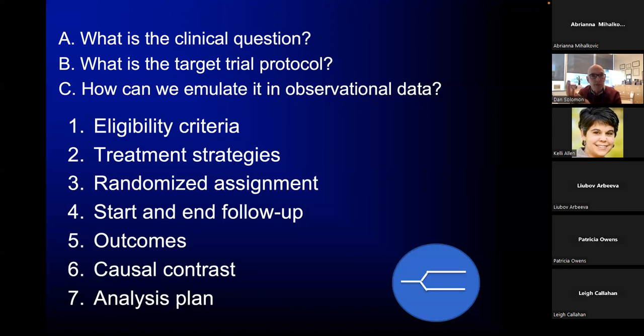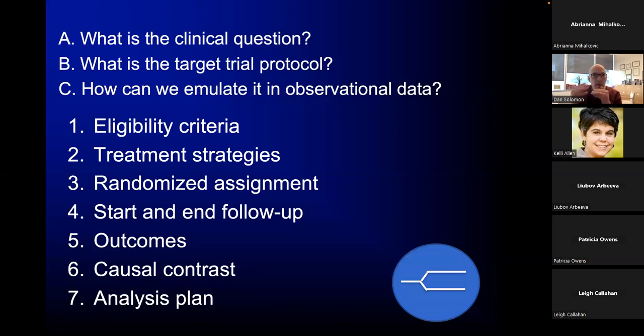We need to be able to define the outcomes and make sure they're validated outcomes. Hopefully those have been validated in other studies. We don't want to just assume that if someone's been diagnosed with RA once that they have RA. They probably don't. 50% of people diagnosed with one RA code don't have RA.